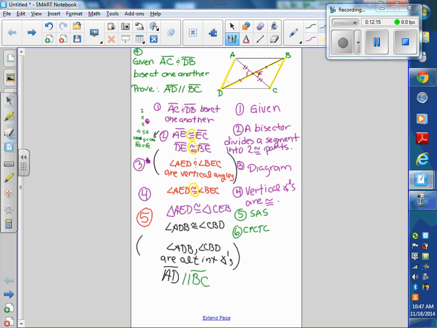Should we number? It helps if you don't have lined paper to number it or just to draw lines. The reason I'm numbering is so you can see what they go with, right?